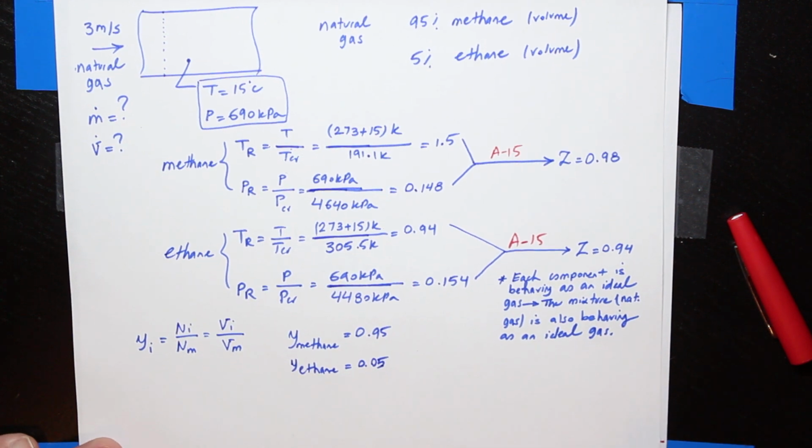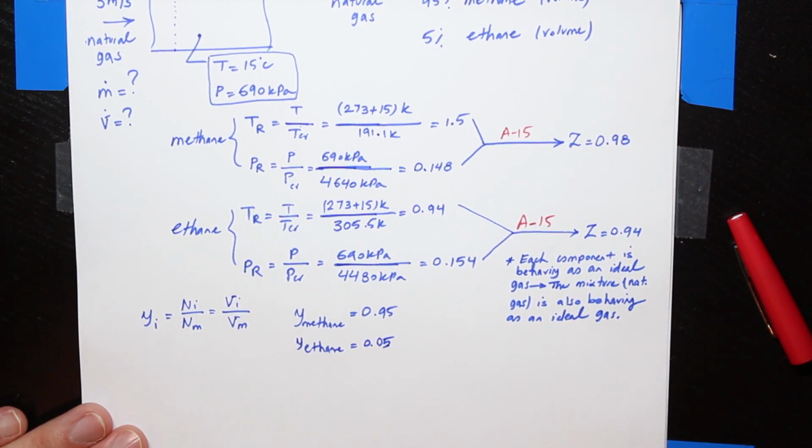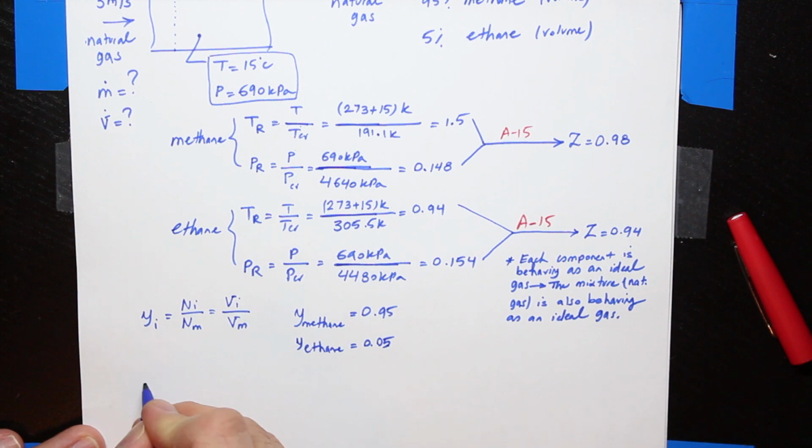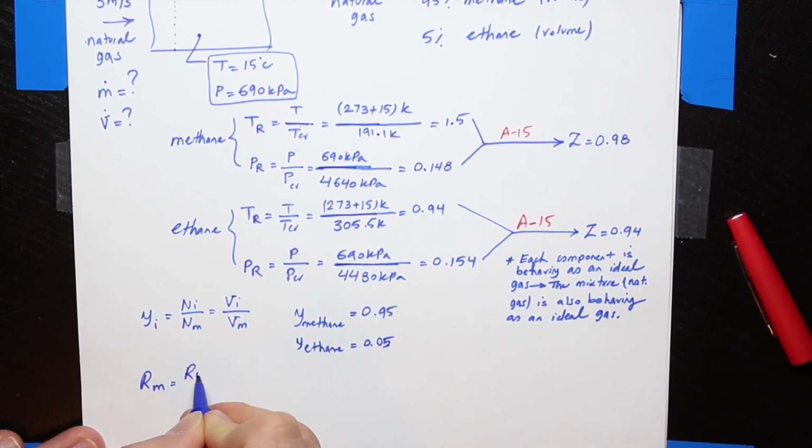Okay, what I'm going to do, I am going to obtain the gas constant for the mixture, Rm, based on the equation that we have, which is Ru, the universal gas constant, over the apparent molar mass.